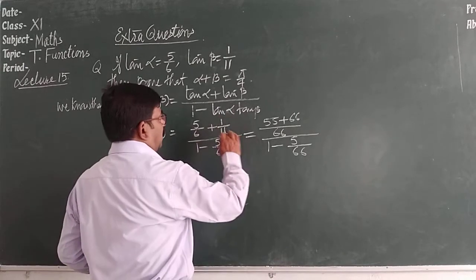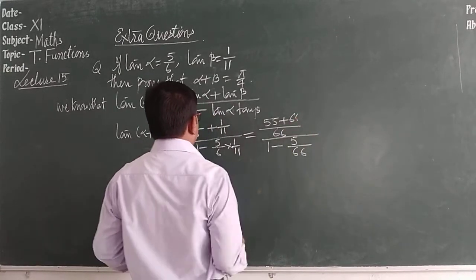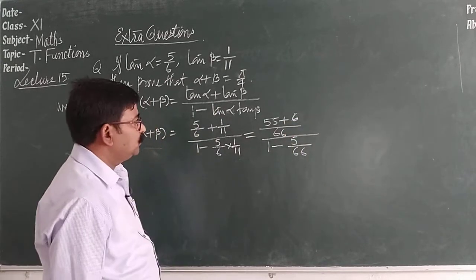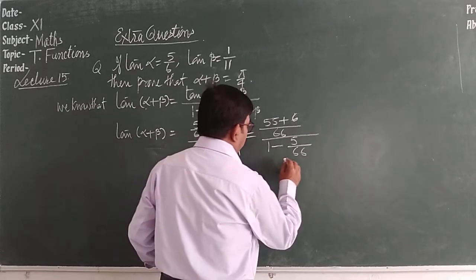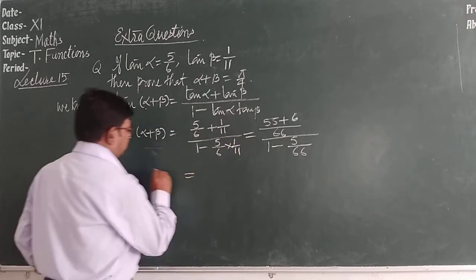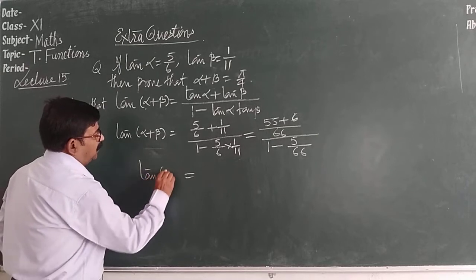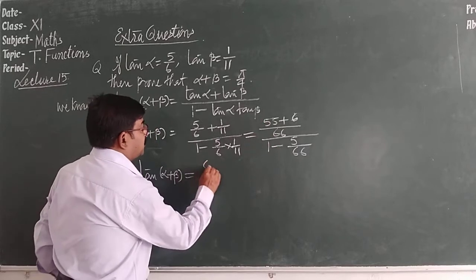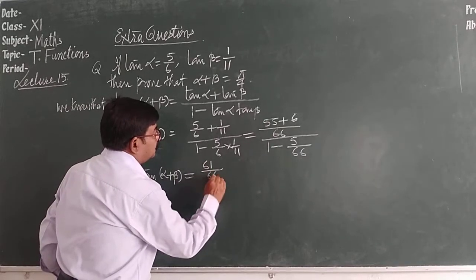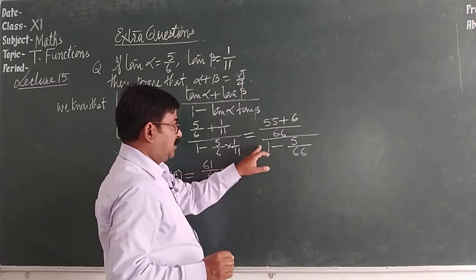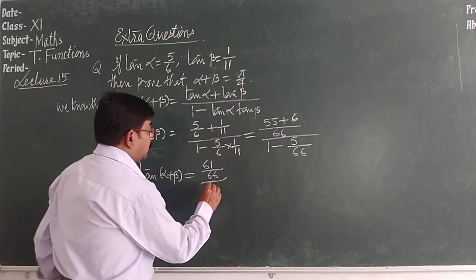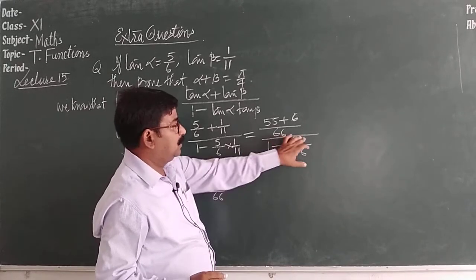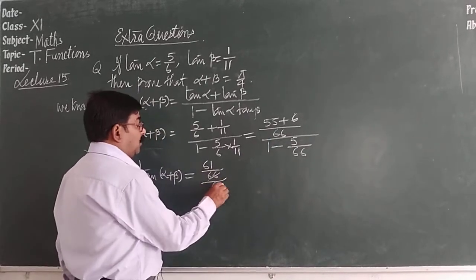Sorry, it is 1 upon 11, this is 66. So upon, simplify this. Tan alpha plus beta is equal to 61 upon 66 upon, 66 ones are 66 minus 5, 61 upon 66. 66 will go, this will go.